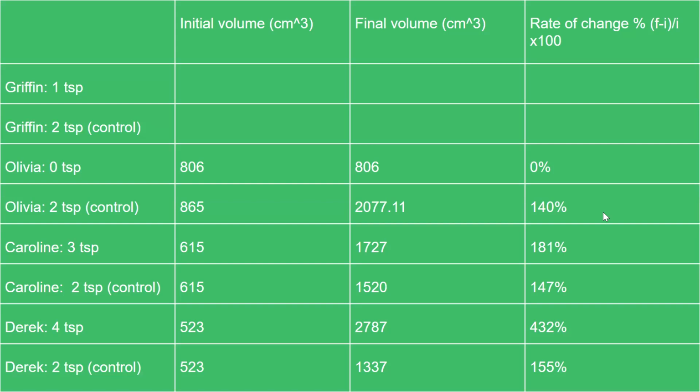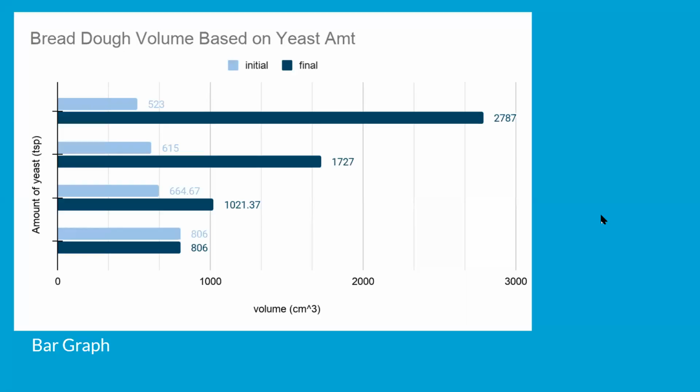For 3 teaspoons, the initial volume changed 181%. And for 4 teaspoons, the initial volume changed 432%. So this is our graph that shows how it increased based on what amount of yeast we put in.